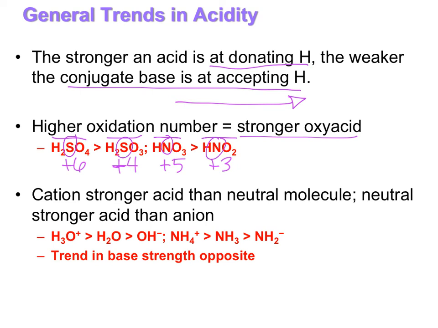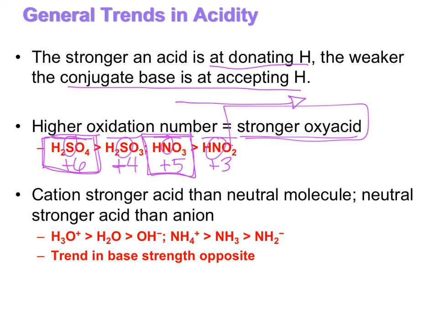So these central atoms have different oxidation numbers, and I went ahead and wrote the oxidation numbers for these atoms that I have circled. You can see here that in H2SO4, the sulfur has a higher oxidation number, +6, and over here it's +5. Sulfuric acid is stronger, nitric acid is stronger. So the higher the oxidation number, the stronger the oxyacid.